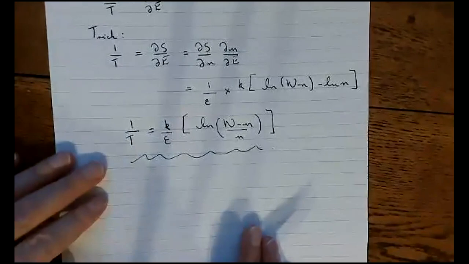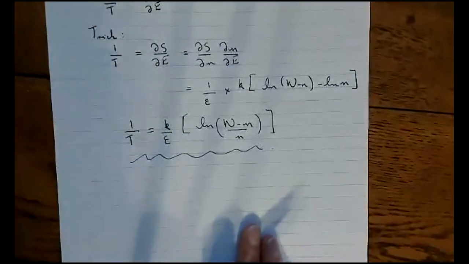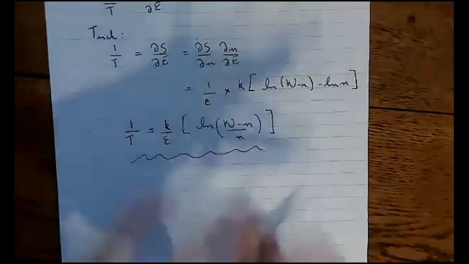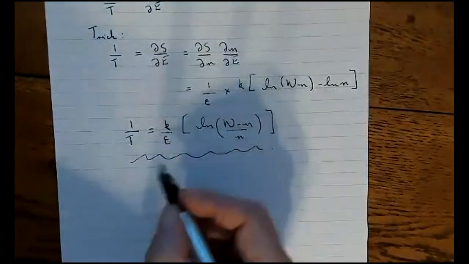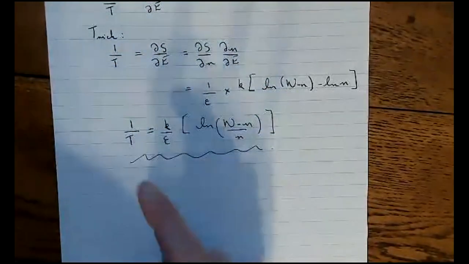So I'm going to rearrange this, and I'm hoping that you'll start to recognize some of the expressions that emerge from this. Okay, so let's just tidy it up a bit. Let's take the e's and the k's over to this side.